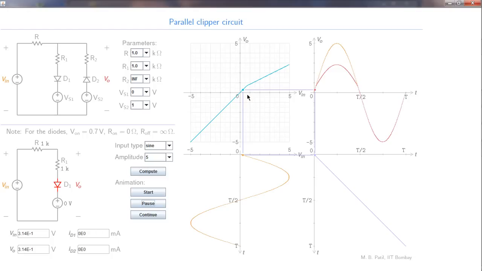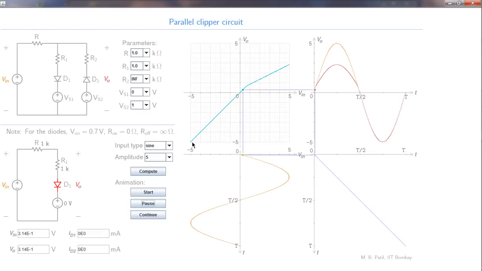Okay, if Vi is less than 0.7, then the diode is off, and therefore no voltage drop here, and VO is then equal to Vi. That is this line here with a slope equal to 1 and passing through the origin.